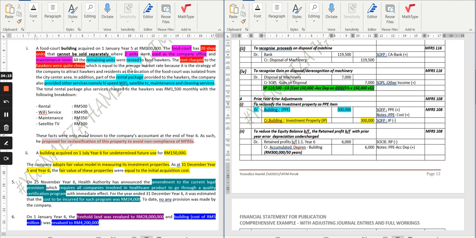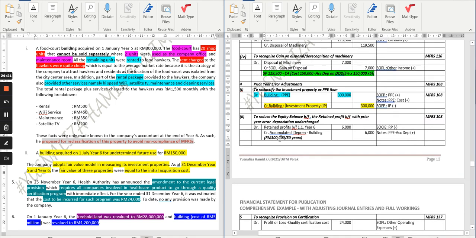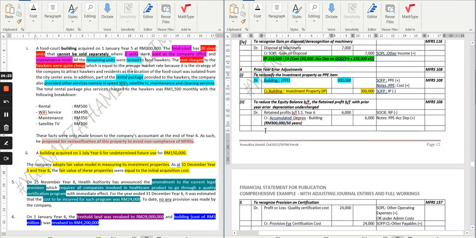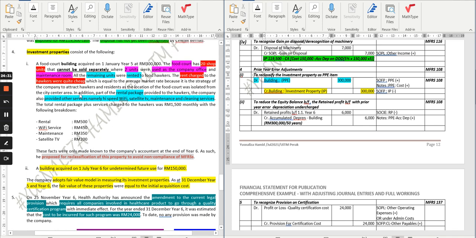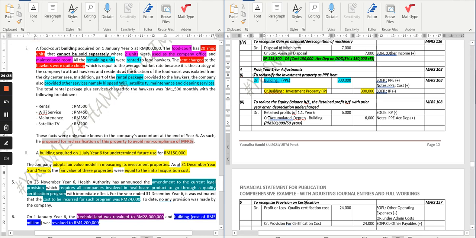So that was non-compliance, and now we want to comply with the correct MFRS. What we need to do is start providing the depreciation, but we cannot just provide the depreciation for the current year. We need to provide the depreciation from the day it was reclassified.